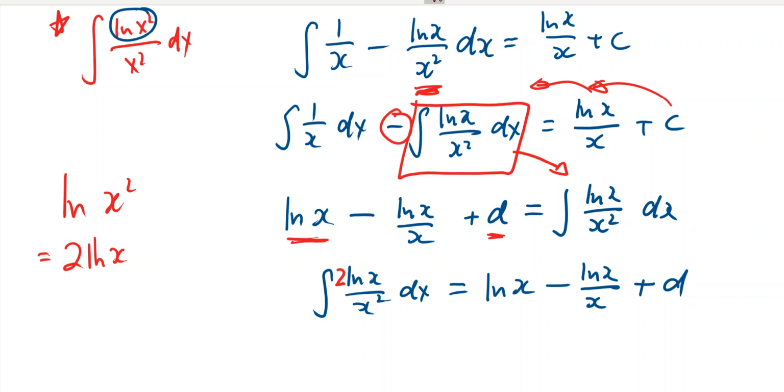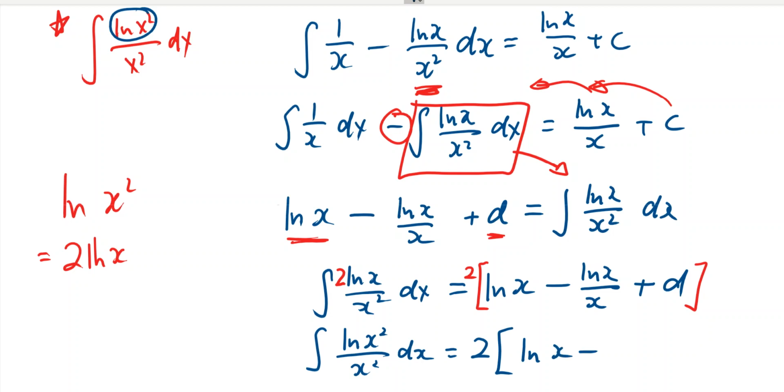If I times 2 on the left side, I must also times 2 to the right side. So I will have integrate ln x squared over x squared dx equals 2 times ln x minus ln x over x plus d. You can just leave it like that, and that is your answer.